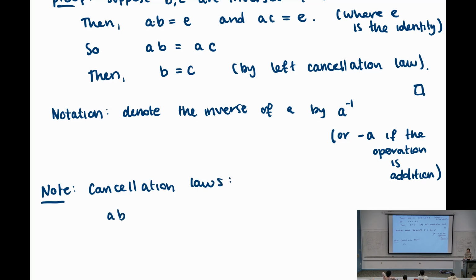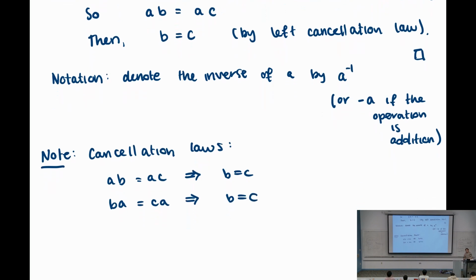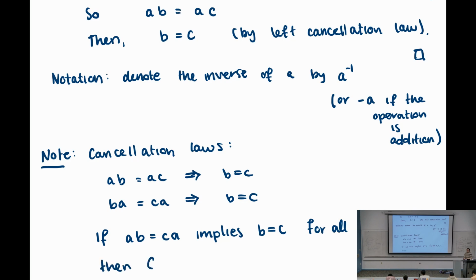So we know that AB equals AC implies B is equal to C, and we also know now that BA equals CA implies B equals C. But if you have, let me write this out more fully, if AB equals CA implies B is equal to C, for all, let's say, for all A, B, and C, then your group is actually abelian.